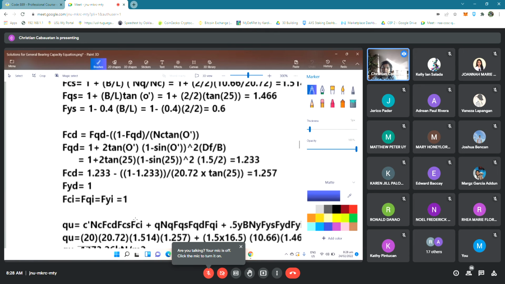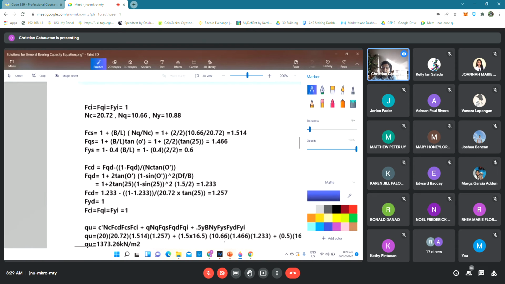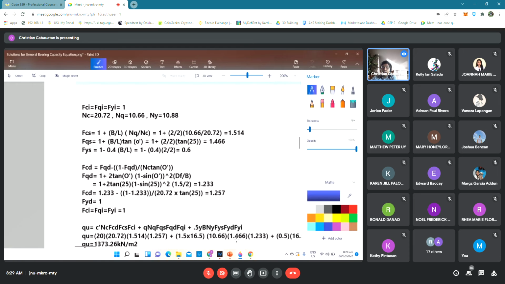Hindi na natin sinama si FCI because 1 naman din ang value, plus 1.5 times 16.5, the effective stress, which is the depth of the footing times the unit weight, times 10.66 times FQS, which is 1.466, times 1.233.